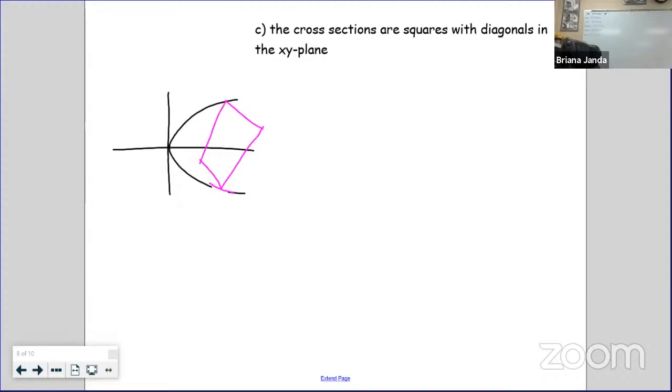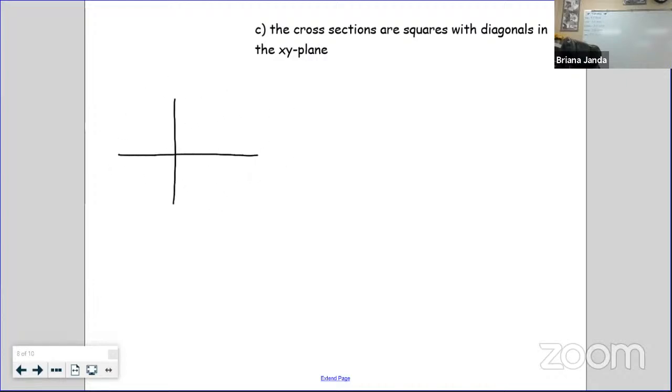Let me try that again, three dimensions. It is our diagonal that is going from our curve to the x-axis in both directions here.